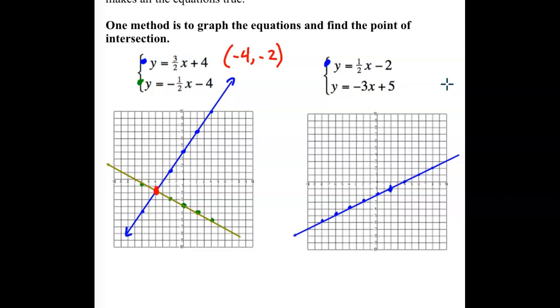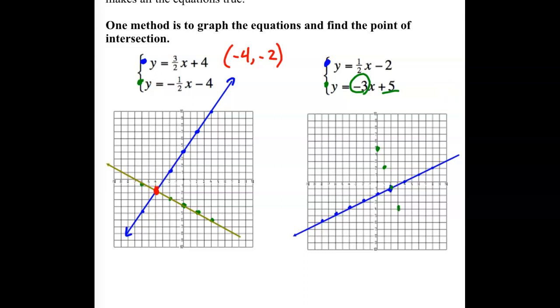All right, our second one, we are starting at a 5 for our y-intercept, and we have a -3 for our slope, so we're going to go down 3, right 1, and down 3, right 1. So we're already seeing that point of intersection.